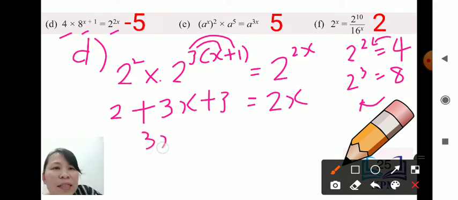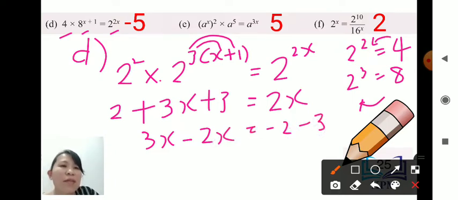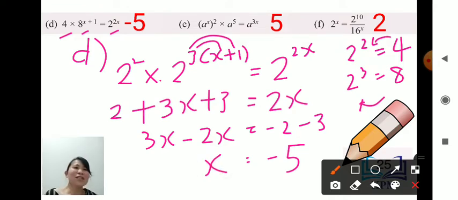Group 3x with 2x, then minus 2 minus 3, this is equal to negative 5. 3x minus 2x, we have x. So this is your answer. Is my handwriting legible? So x is equal to negative 5. Always pause the video if you think I'm too fast, if you need to copy down the answer.